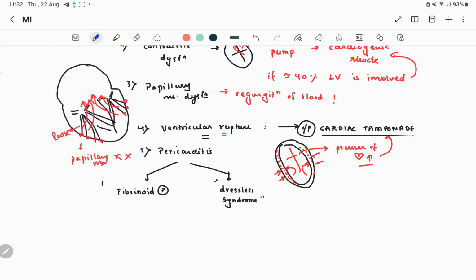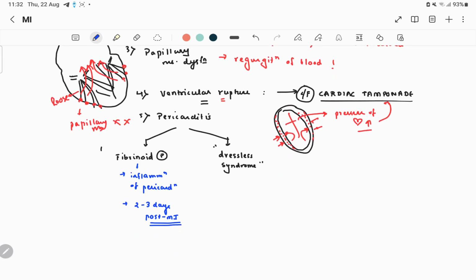What are these entities? Fibrinoid pericarditis is basically a normal thing which is due to the inflammation of the pericardium, and this occurs 2 to 3 days post MI, right?